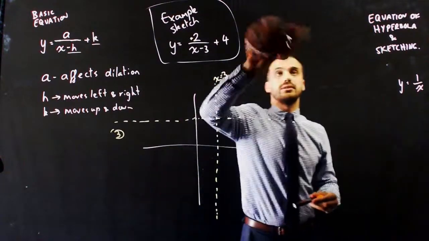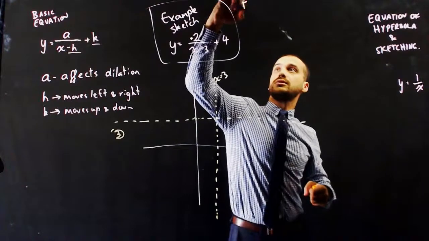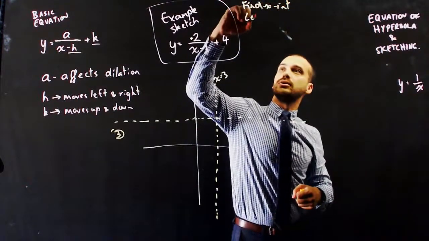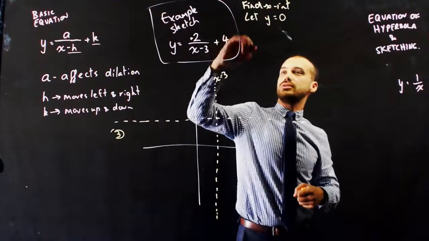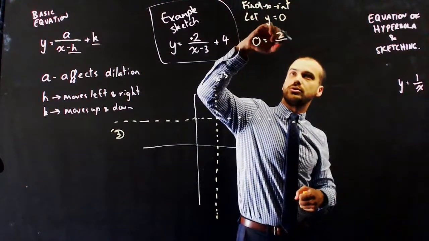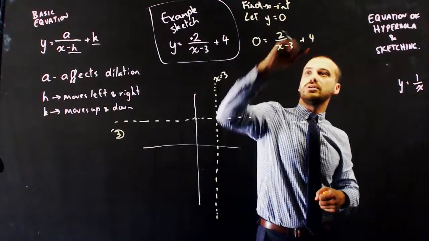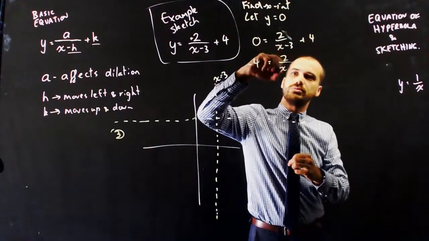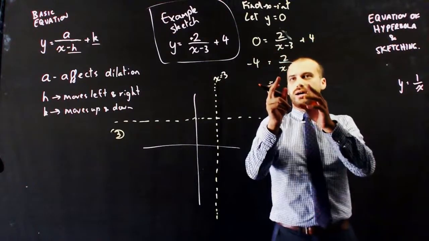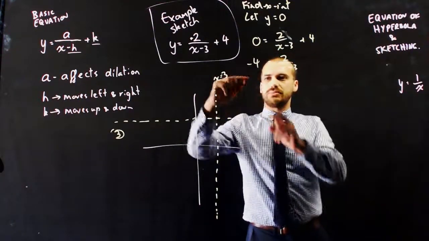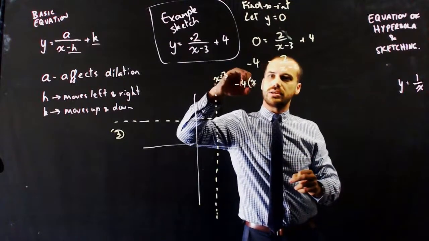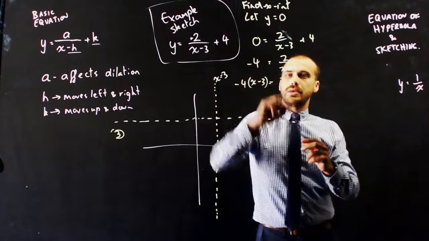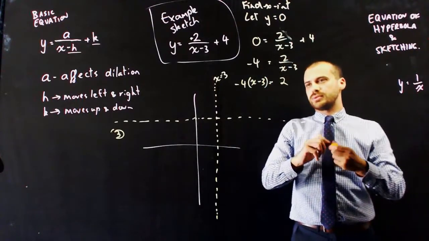So, let's do it. Find x-intercept, let y equal 0. So 0 equals 2 on x minus 3 plus 4. 4 comes over here, -4, 2 on x minus 3. I can move that x minus 3 up to here, so it'll be -4 times x minus 3 equals 2.